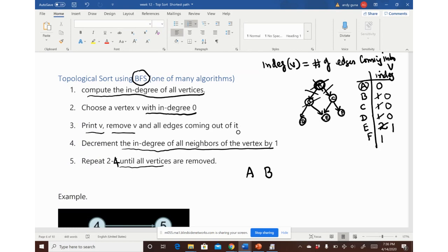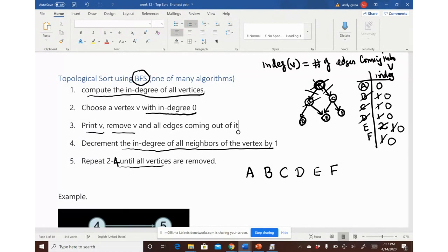Okay, and then we choose the next one, C, with in degree 0, and reduce the in degree of all the vertices that are connected to C. So E will be reduced to 0, and F will be reduced to 0. So then you get D, then you get E, then you get F.